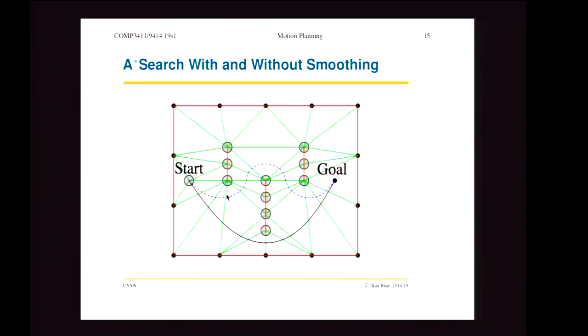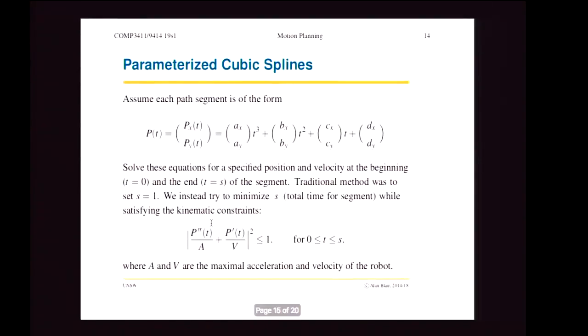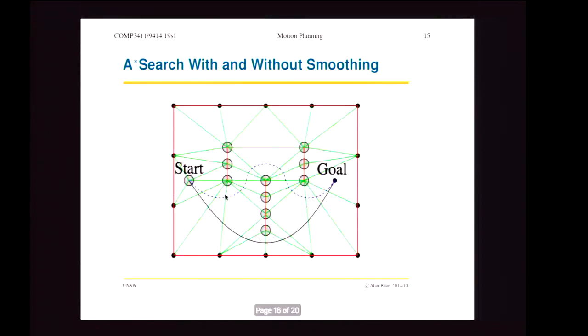So how do we do this? Well, the first thing is this equation here turns into a cubic equation. Now, I can't afford to test this. This constraint should apply all the way along this trajectory, but I can't afford to test it all the way along, so I just test it at the endpoints.